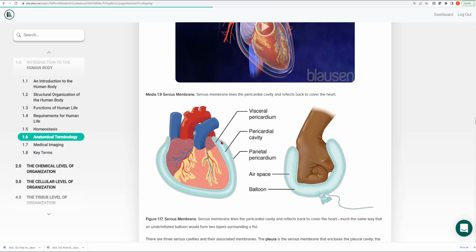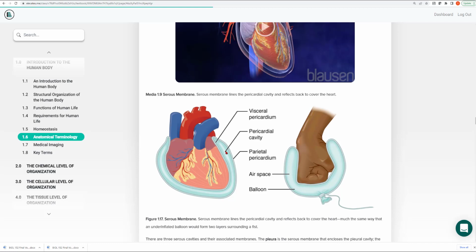Well, around your heart there's a space, but this space is the pericardial cavity, and it's filled with some watery solution. That fluid is there to help moisten and also to reduce friction. Remember, your heart is beating 60, 70, 80 times a minute.